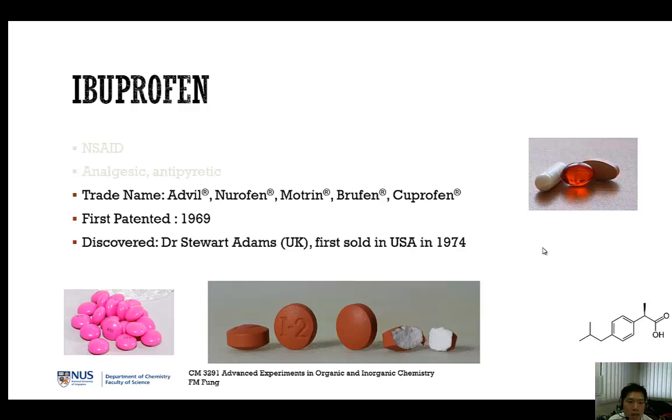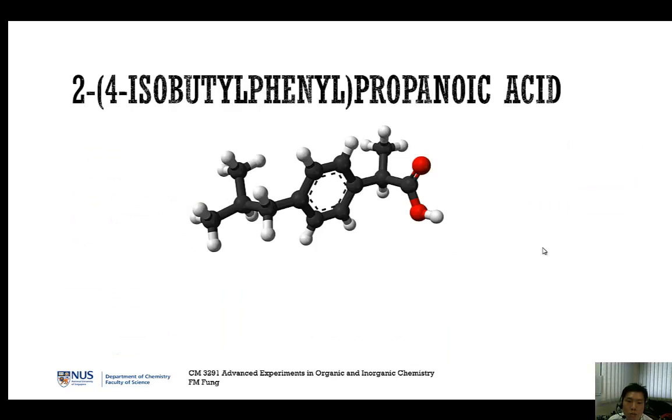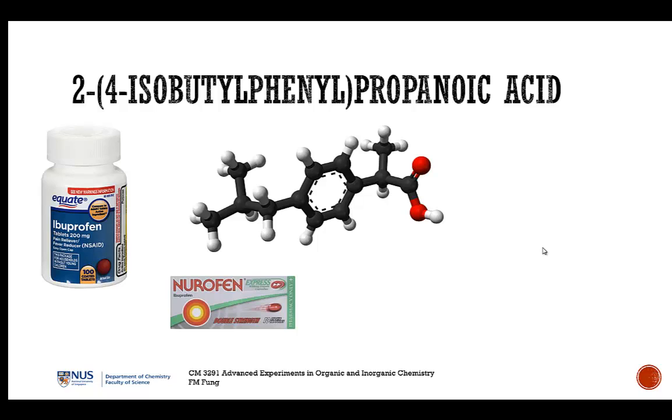Ibuprofen tablets are sold under the trade names Advil and Motrin, and the chemical name for ibuprofen is 2-(4-isobutylphenyl)propanoic acid. Ibuprofen also has anti-inflammatory properties, and it belongs to a class of therapeutic agents known as non-steroidal anti-inflammatory drugs, or NSAIDs.